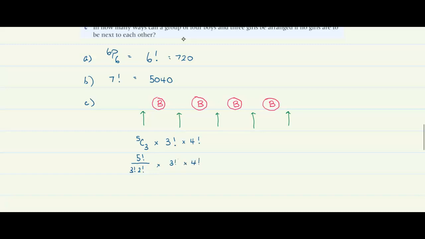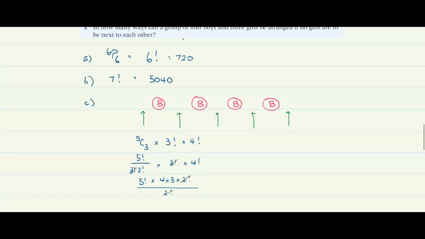I'll do a little bit of simplifying here because that's what I like to do. Now 4 factorial and 2 factorial, I can do a little bit with that. I can rewrite this as 5 factorial times 4 times 3 times 2 factorial over 2 factorial. And I can just make this a little bit smaller.